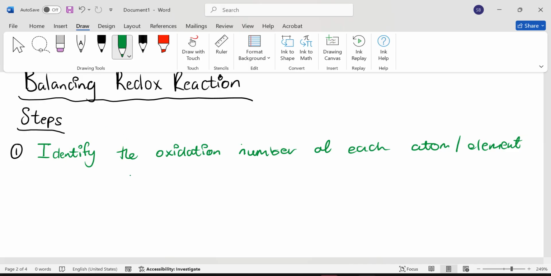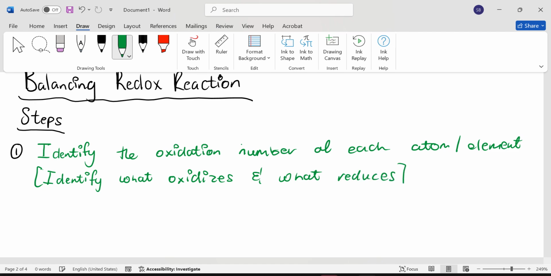Identifying the oxidation number of each atom or element basically helps you identify what oxidizes and what reduces. So that's number one.